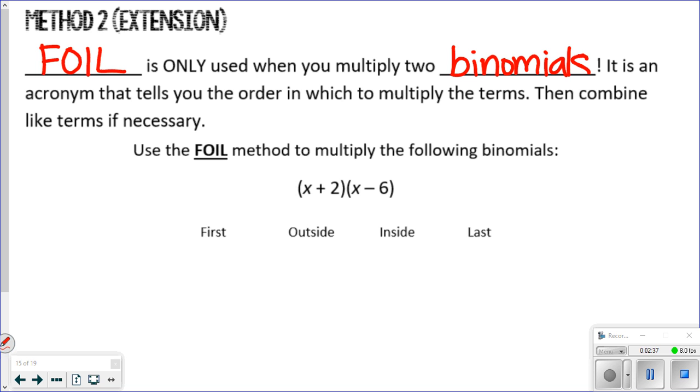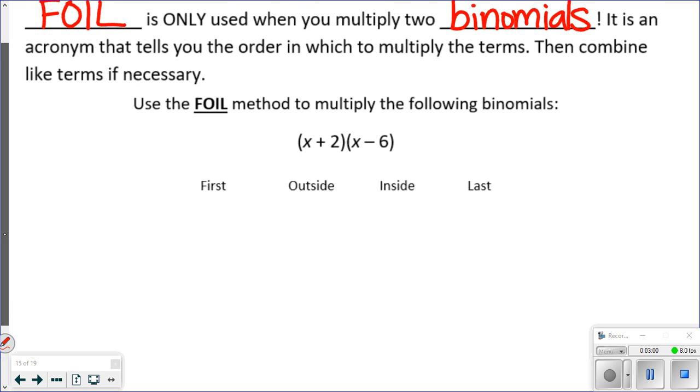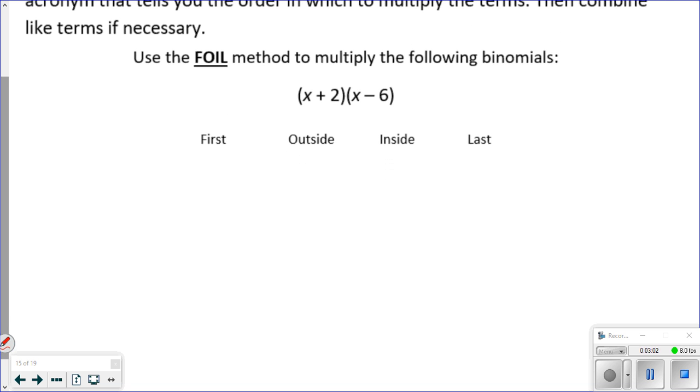So FOIL doesn't work on every question like the box method does. But FOIL is an acronym that tells us the order in which we multiply the terms. So the F stands for first, O is outside, I is inside, L is last. And this essentially is the same thing as the distributive property.